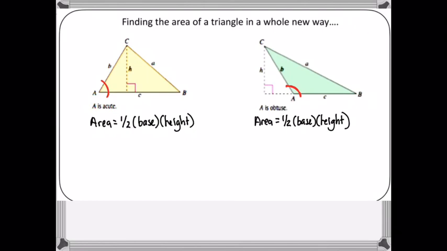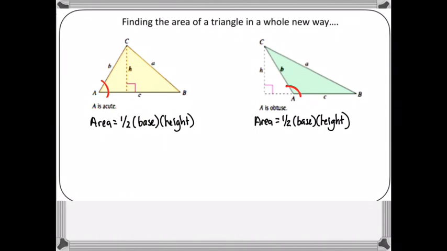We're also going to take a look at how to switch in the base, which we know is going to be C right here for each one of these, and how to get rid of that height right there.